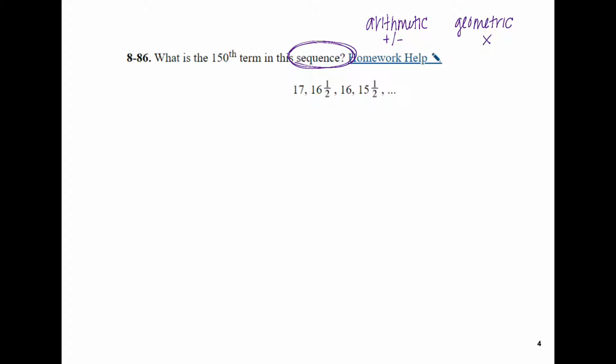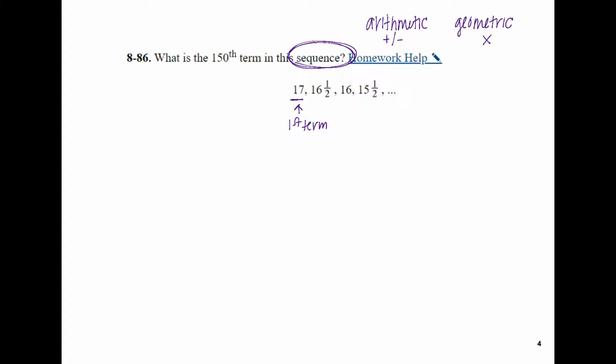The other thing that we need to remember is this term that they give us is always our first term. So when we have a sequence, our 0 term does not really exist, and we cannot plot it on a coordinate plane, but we have to find it in order to write our equation.